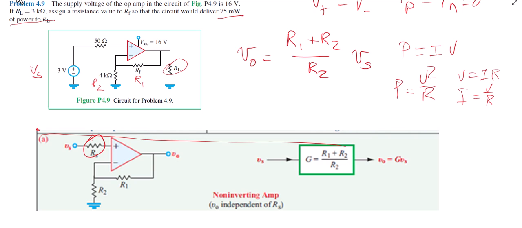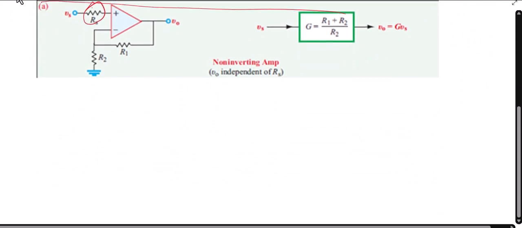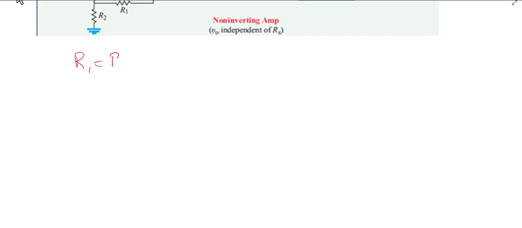Okay, so I am going to scroll up, so hopefully you have the information you need, or I'll rewrite it. R1 was RF, R2 was 4 kiloohms, Vs was 3 volts.